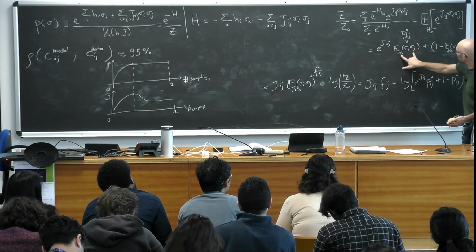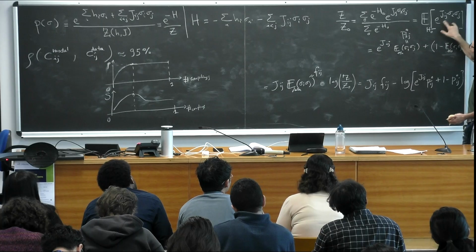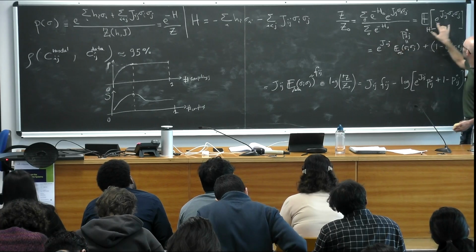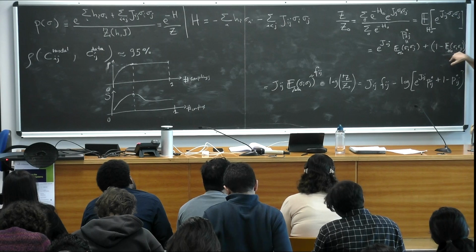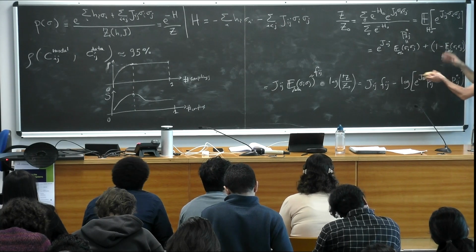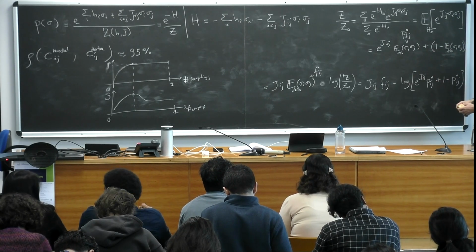So with probability given by this it is 1, and so this is exponential of j. And with probability 1 minus this it is 0, and so this is 1. That's it. And if they are multi-state, you can generalize this thing.